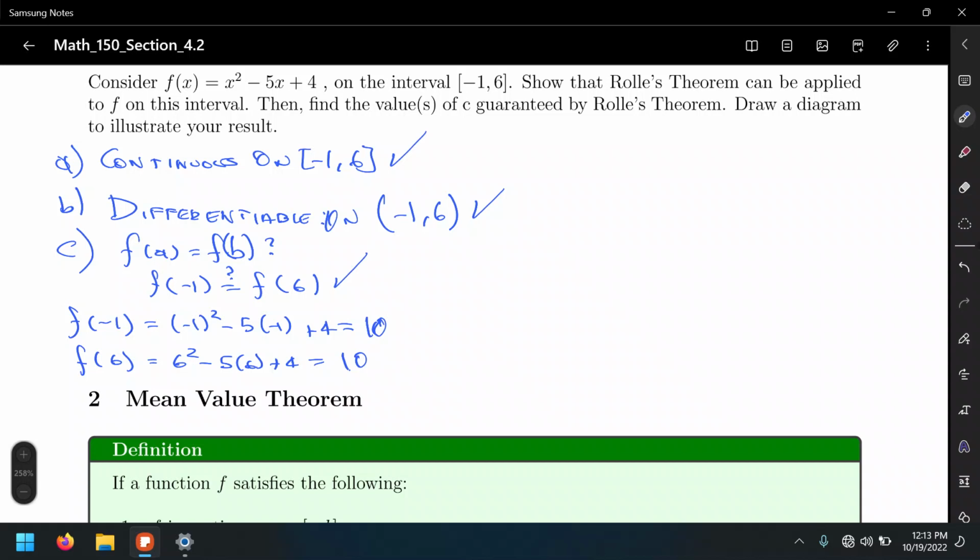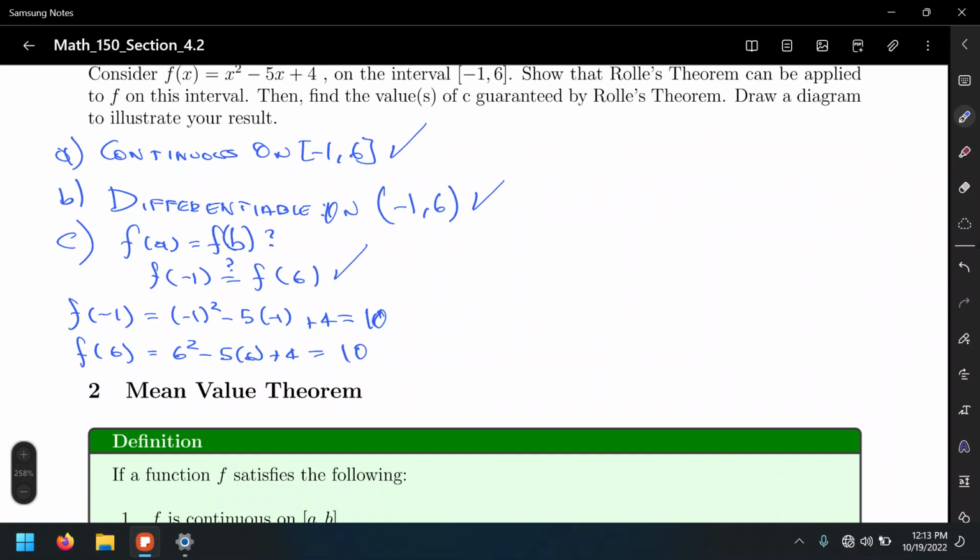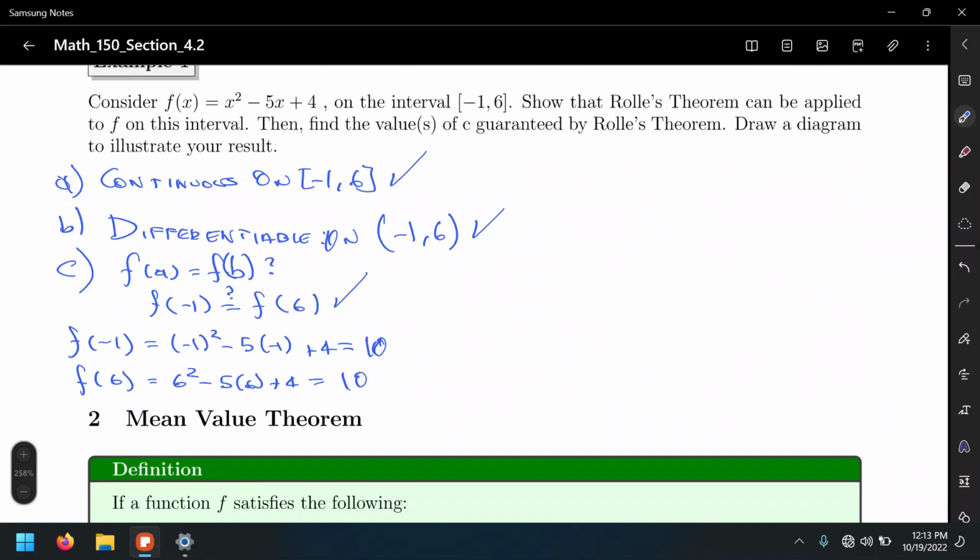Either the graph increases and then decreases, which guarantees a maximum given by the critical point, or decreases and then increases, which gives a minimum at the critical value, or it just goes in a horizontal line, having infinitely many points with slope equal to 0.